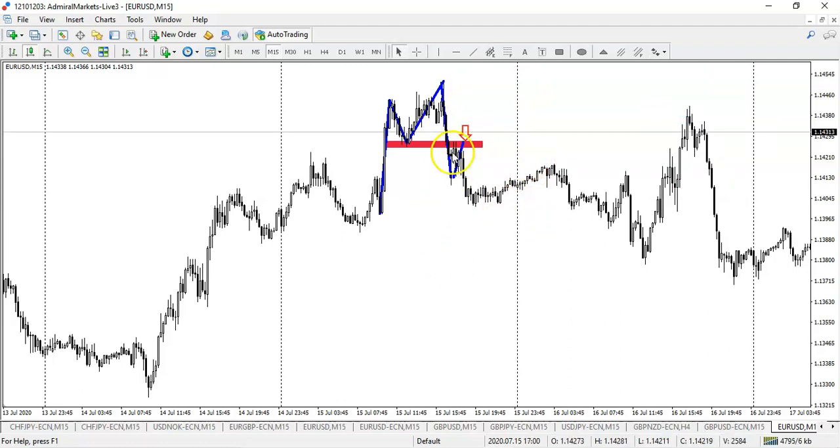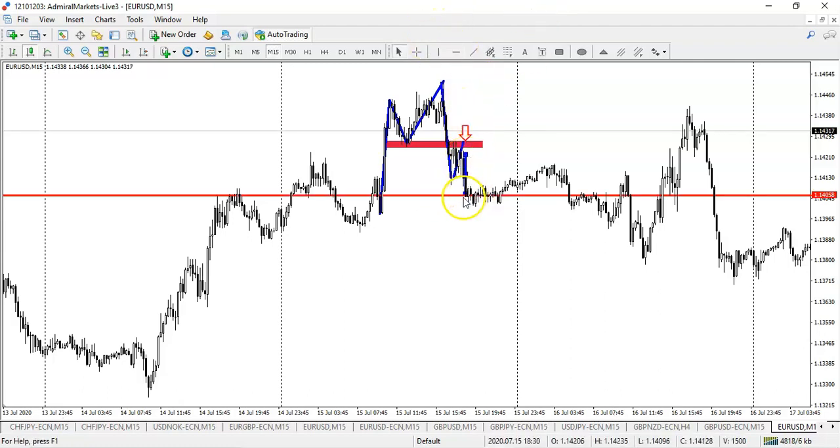Every valid M and W should have a retest on the neckline, and your take profit is from here to here. That same distance should be your take profit level. So your take profit level will be here.